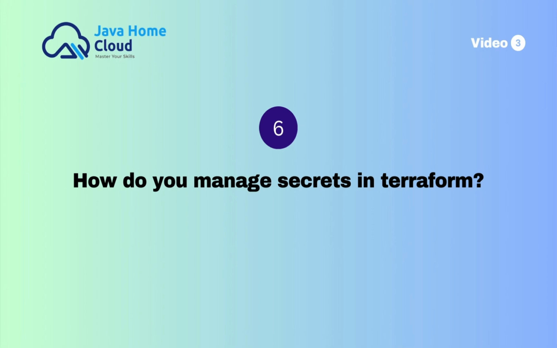We should not keep sensitive information as plain text in a version control system. How do you solve this problem in projects? The answer is we store secrets in Secrets Manager. This is a manual activity. Then using the Secrets Manager data source, we read data from Secrets Manager and pass the information to the RDS instance like this.